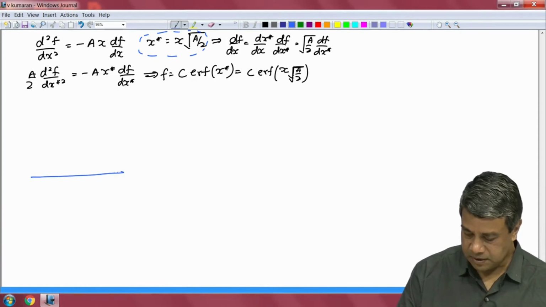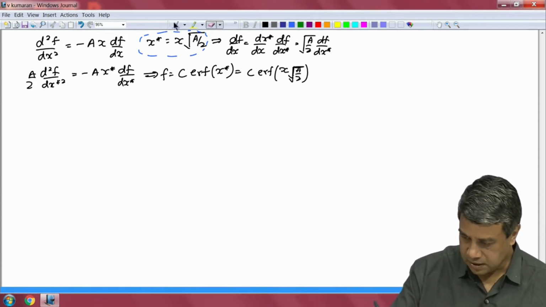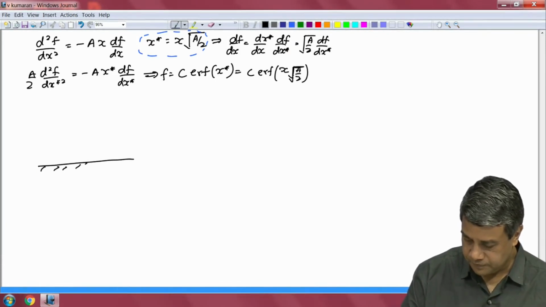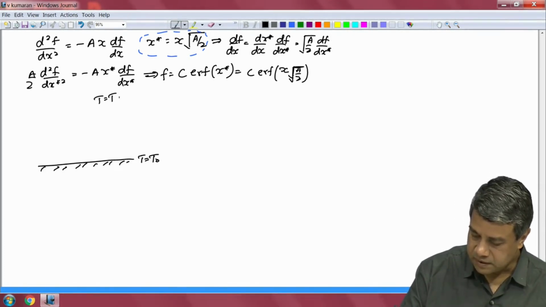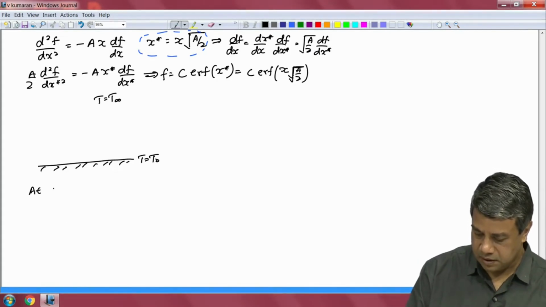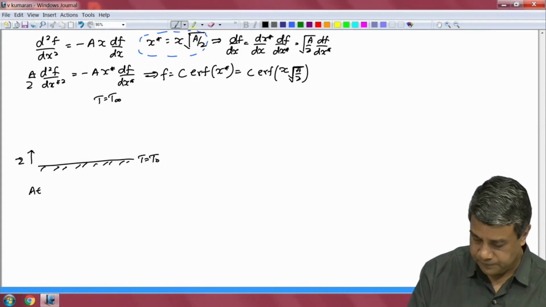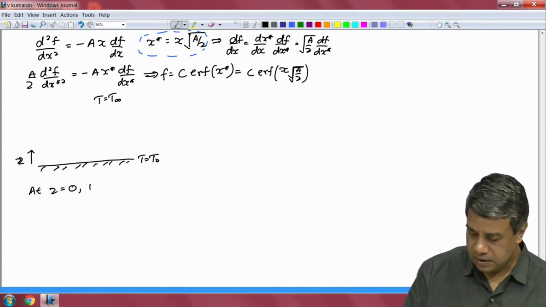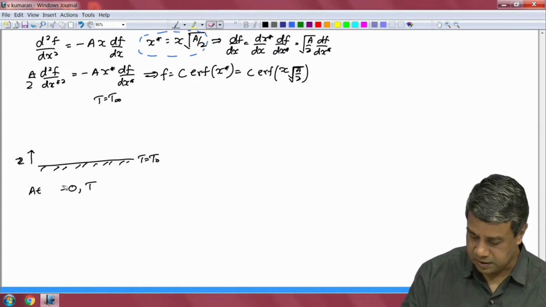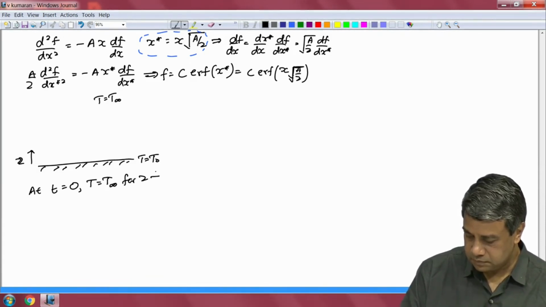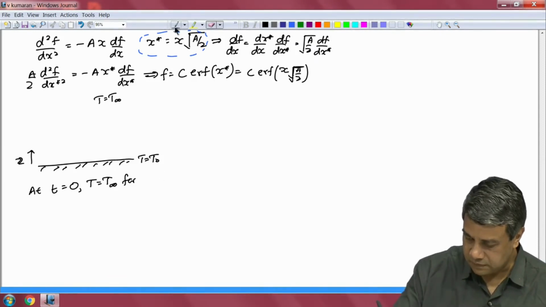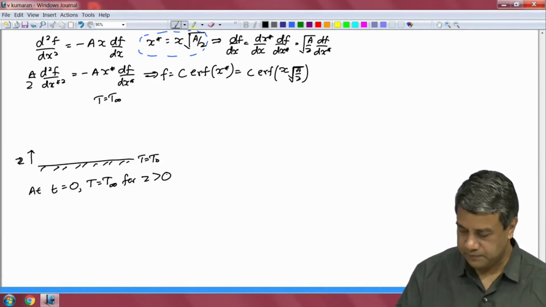The problem that we had actually solved: T is equal to T naught at z is equal to 0, T equals T infinity far away, and T equals T infinity at the initial condition, for all z in the fluid, that is for z greater than 0.